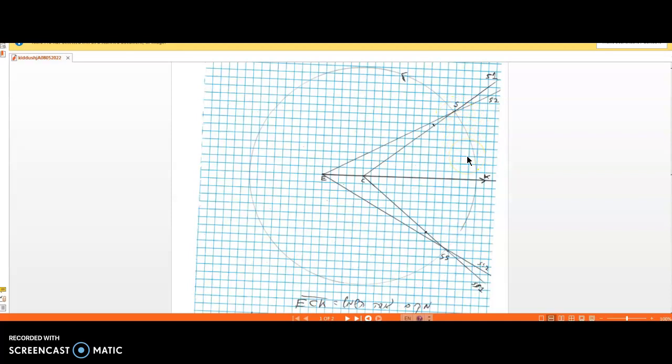Now, we can see from this diagram that the sun is here. If you view it from Earth, you extend further the line, ESS2. S2 is where it's seen from Earth. You see that there is a difference in these angles.